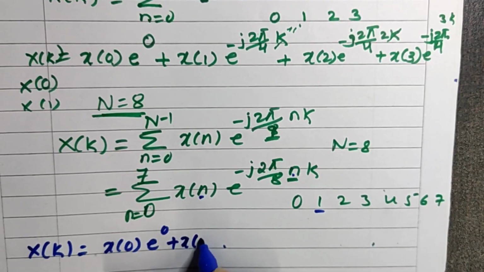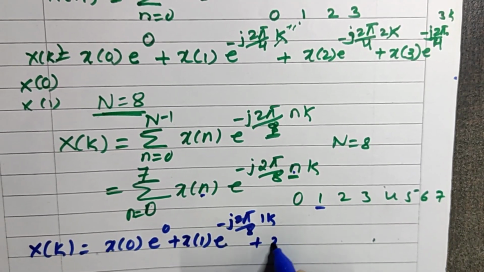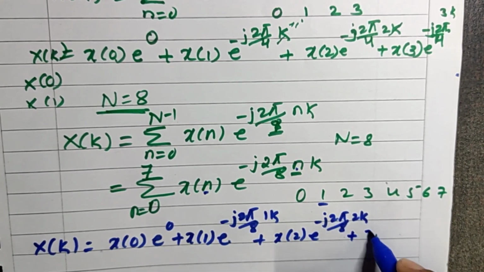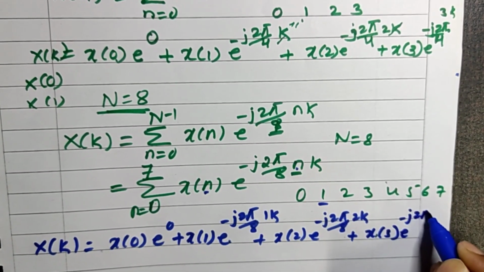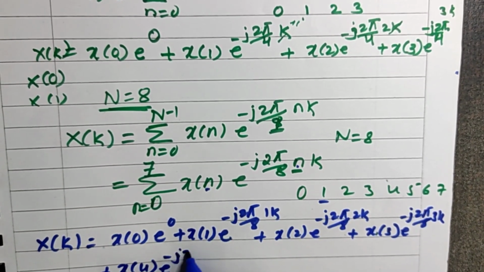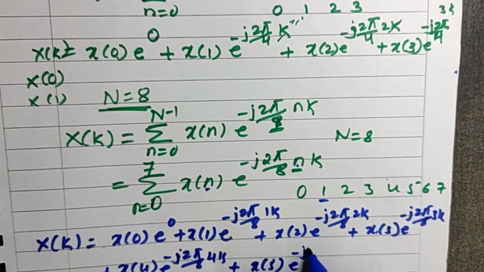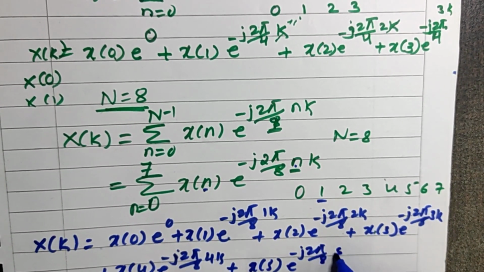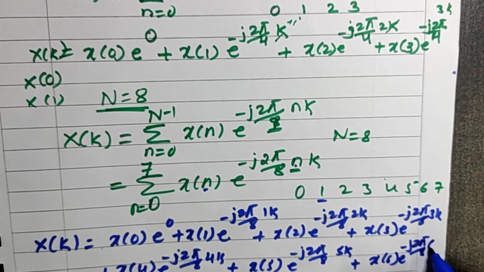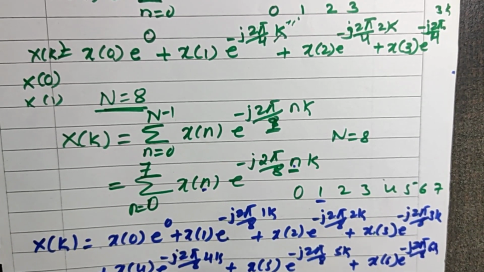Next, x of 1 into e raised to minus j 2 pi by 8 into 1k, plus x of 2 e raised to minus j 2 pi by 8 into 2k, plus x of 3 e raised to minus j 2 pi by 8 into 3k, plus x of 4 e raised to minus j 2 pi by 8 into 4k, plus x of 5 into e raised to minus j 2 pi by 8 into 5k, plus x of 6 e raised to minus j 2 pi by 8 into 6k, plus x of 7 e raised to minus j 2 pi by 8 into 7k.